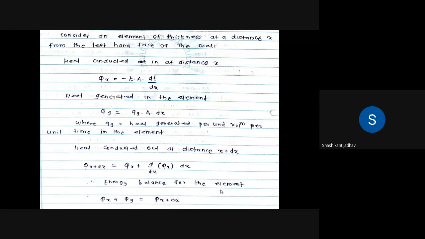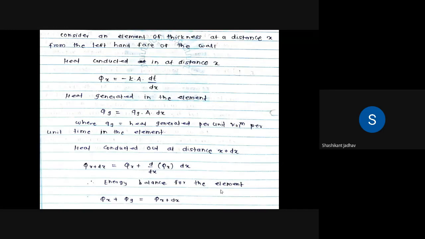For that small element we have to write down the energy balance equation. The amount of heat Qx that comes into the element by conduction, plus the amount of heat Qg generated in that element, is equal to the total heat going out. So Qx, the heat conducted into the element, plus Qg, the heat generated within the element, is equal to the heat conducted out at distance x plus dx.